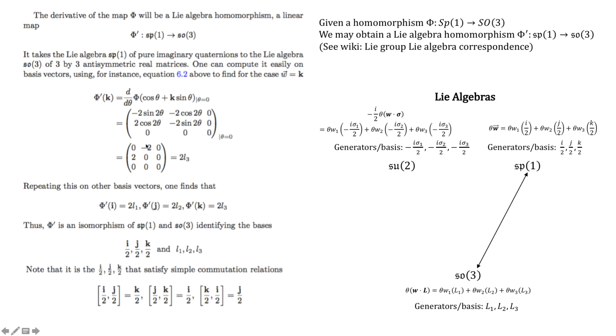We can obtain the Lie algebra homomorphism for the basis vectors i, j, and k to find that it maps to the basis vectors of Lie algebra SO3. This identification of basis vectors from SP1 to SO3 would then give us an isomorphism between the Lie algebra SP1 and the Lie algebra SO3.